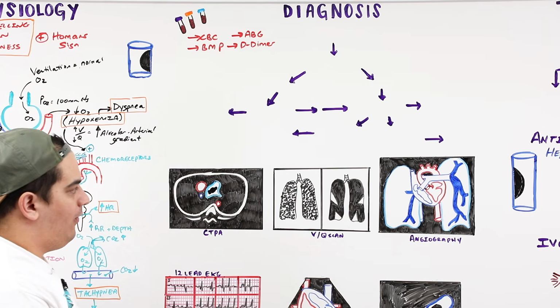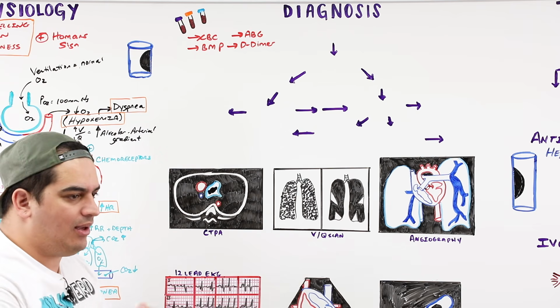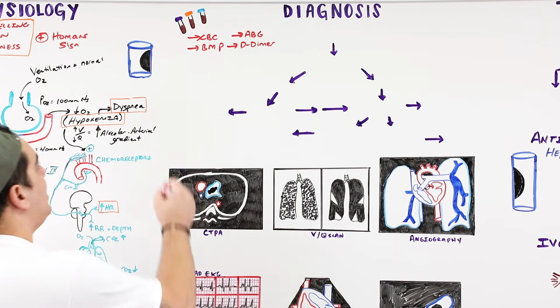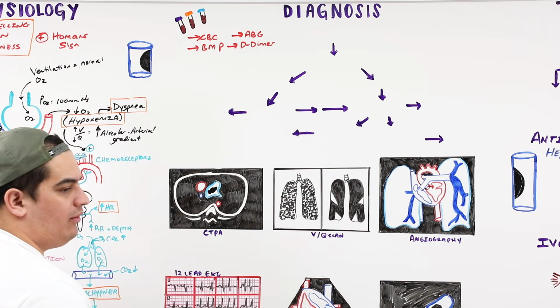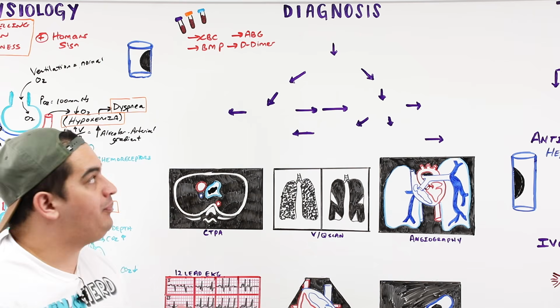D-dimers are helpful for telling us about the activity of fibrinolysis, right? So it tells us somewhat about clot burden, and also inflammatory activity in general. So let's say here we have a clot, right? Generally, in this clot, we have natural enzymes. There's an enzyme called plasmin.